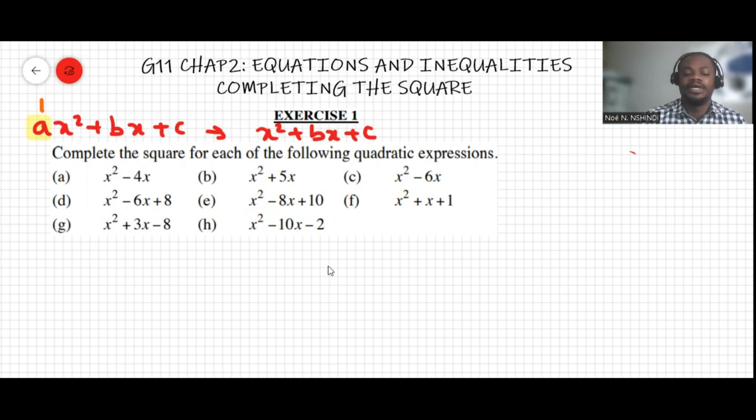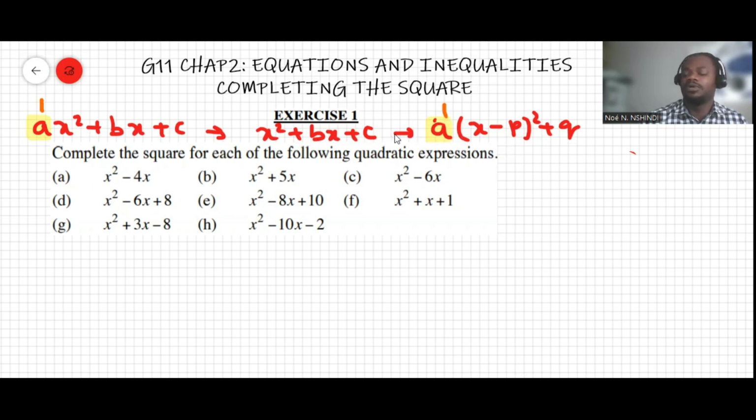Now, the idea is to write this in the form a(x minus b) raised to the power of 2 plus 2. This is the quadratic expression in completing the square form. But as we said, in this case, a will be just 1, so we don't need to write 1 in front of this.